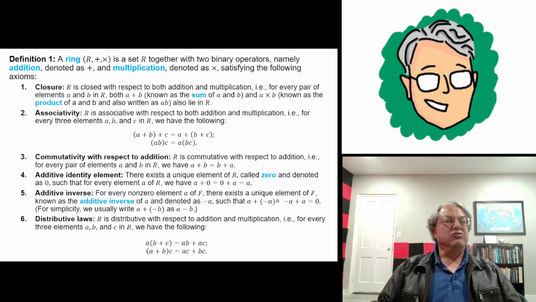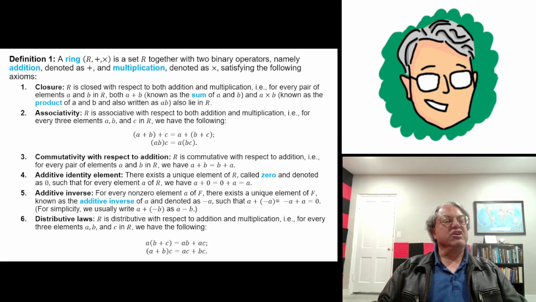If a is an element of the ring R, there has to be another element, which we call the negative of a, or minus a, such that a plus minus a, which is also minus a plus a, is equal to 0. For shorthand, we write a plus minus b as a minus b. So you can think of subtraction as adding an additive inverse.